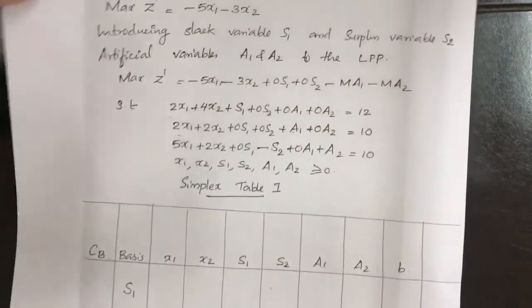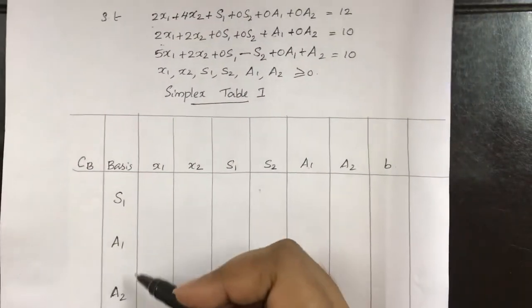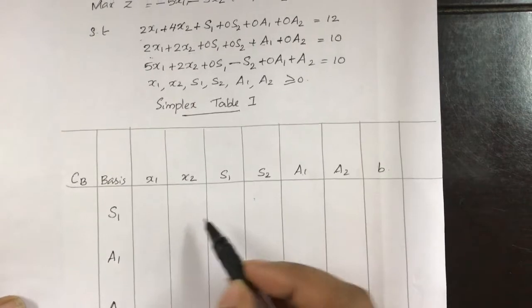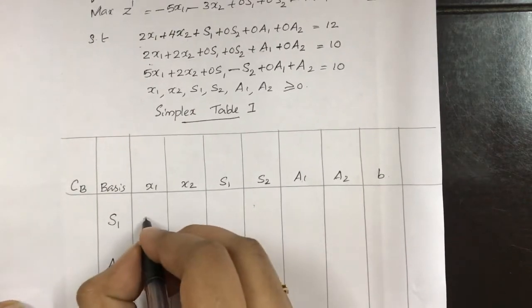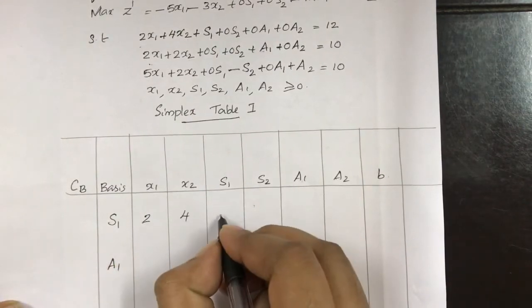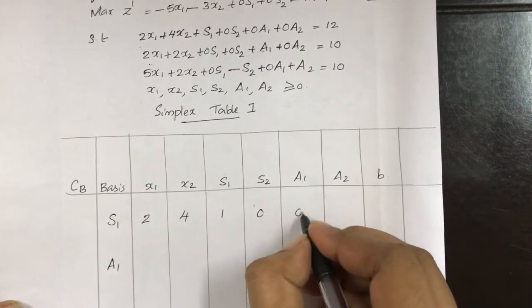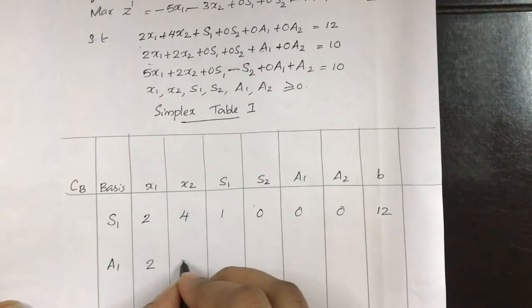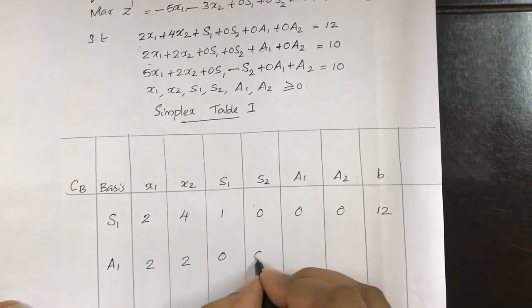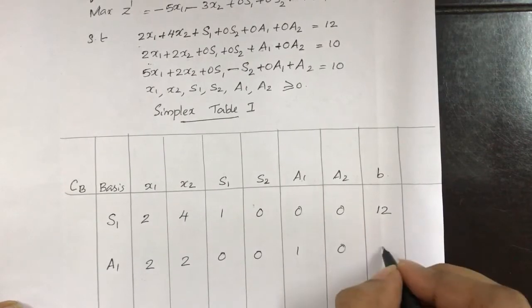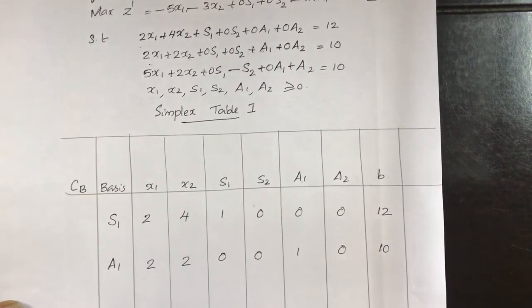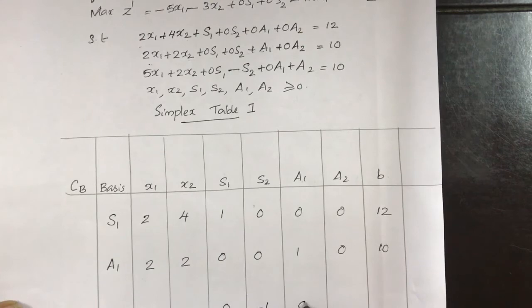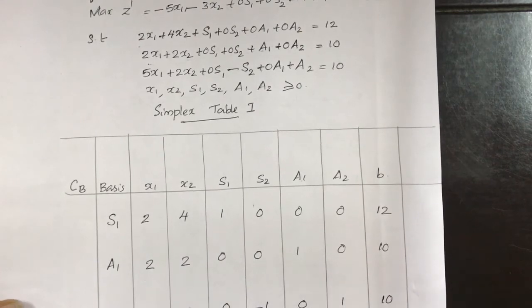So these are the bases s1, a1, a2. I am writing the equations here. 2, 4, 1, 0, 0, 0, 12. Second 2, 2, 0, 0, 1, 0, 10. Third 5, 2, 0, minus 1, 0, 1, 10.